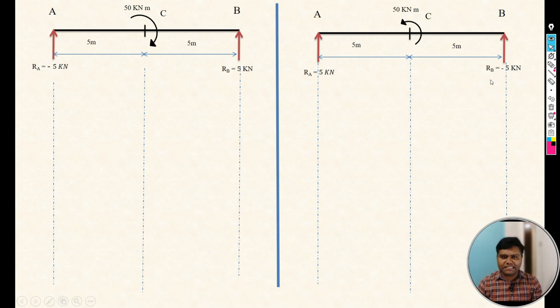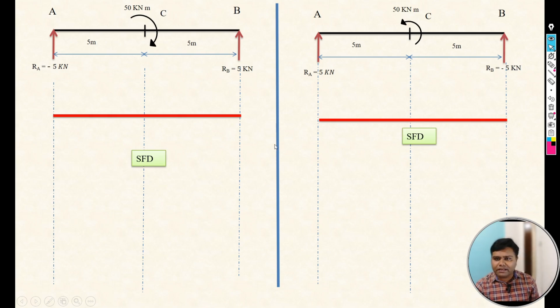Now here we can see the support reactions have changed. It means the shear force diagram is also changed. So this is the baseline. In this case our shear force is in the negative direction because our support reaction is negative, so it goes down.